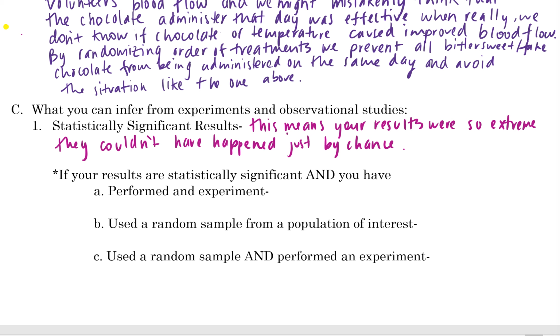And so here's the main spiel. If your results are statistically significant, then you get to conclude some stuff as long as the following have happened. So if your results are statistically significant and you have performed an experiment that is well designed, you can, depending, conclude that the treatment caused the response.